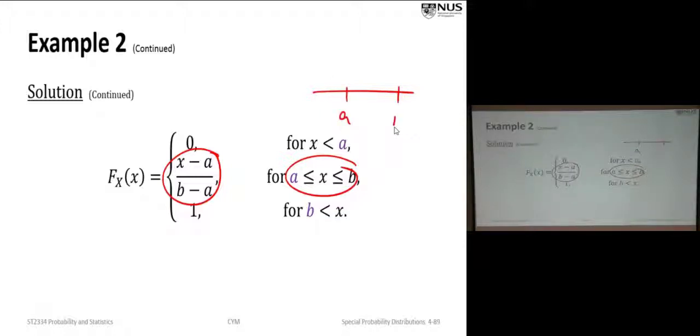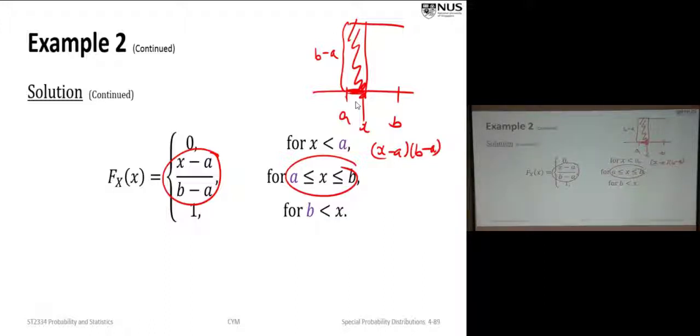If this is a, this is b, and this is the PDF, then if x is here, basically the area is this part, which is x minus a, the length. X minus a is the width, times the height.